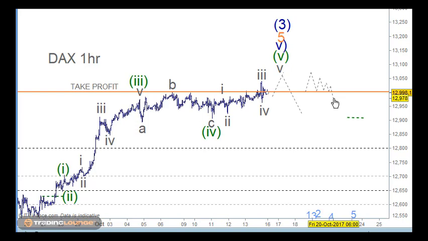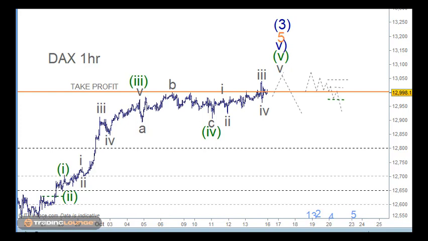But when it does move through, it's going to retest back up here, and that's our reference point. Below that, we look for that short trade, and the stop goes above here. But I'll try and get the count for this, because the stop may have to go a little bit higher as well. So we'll be looking for a move down. So we want to see this in the S&P 500 as well.